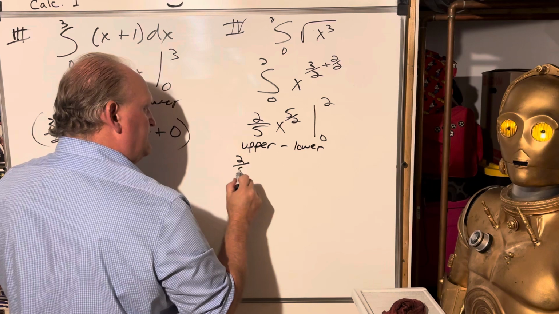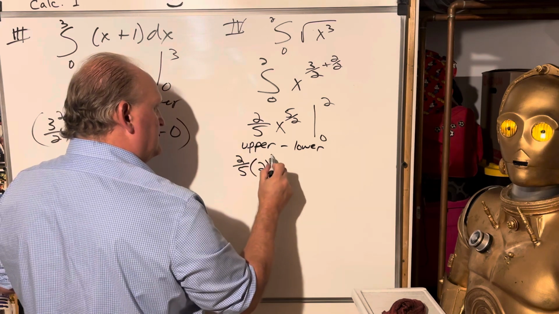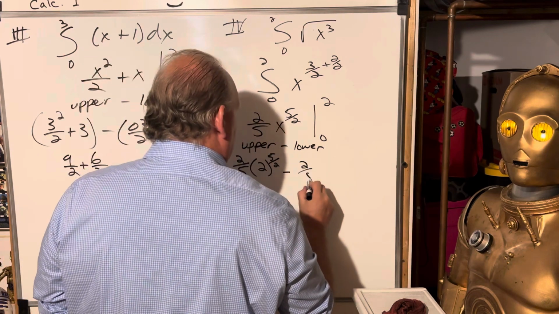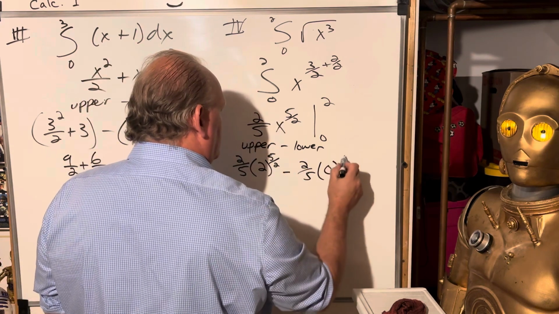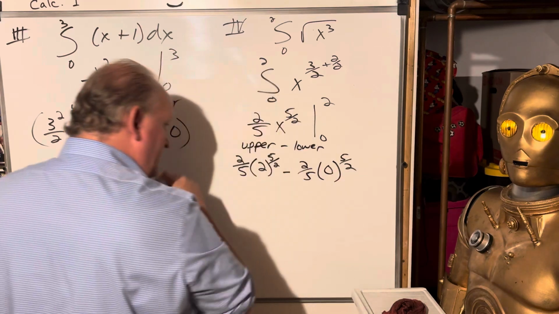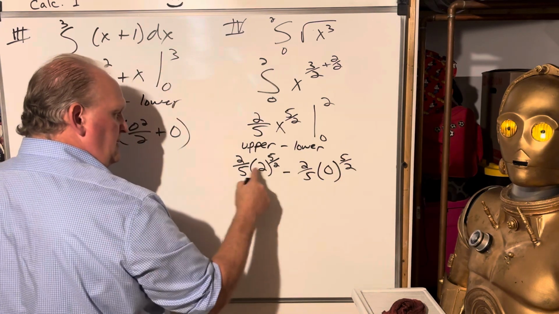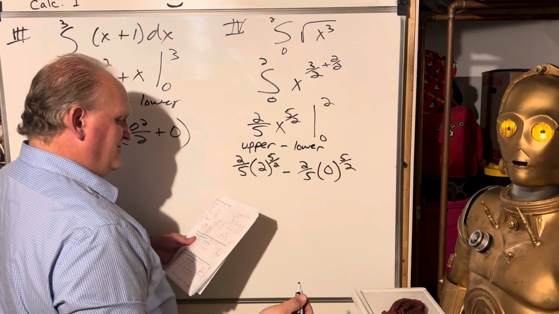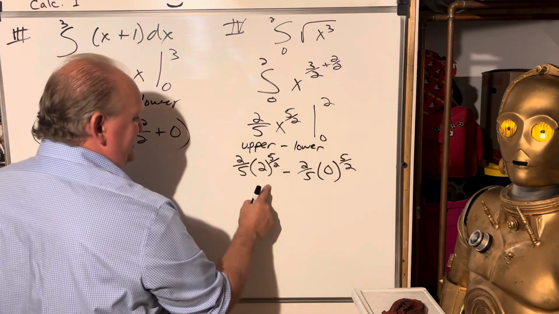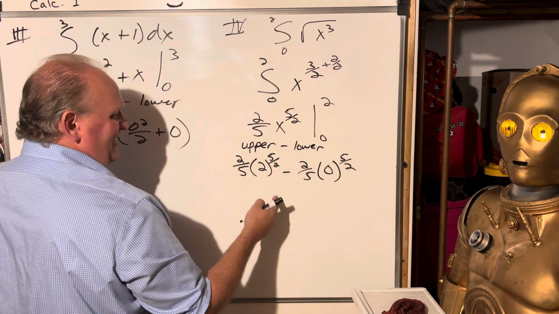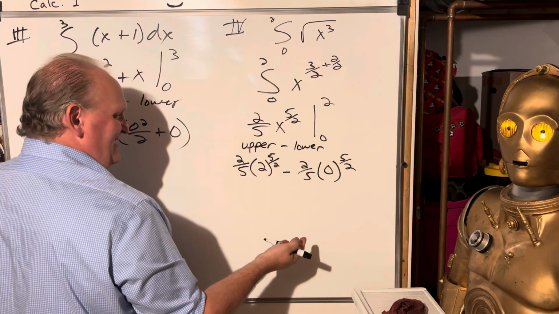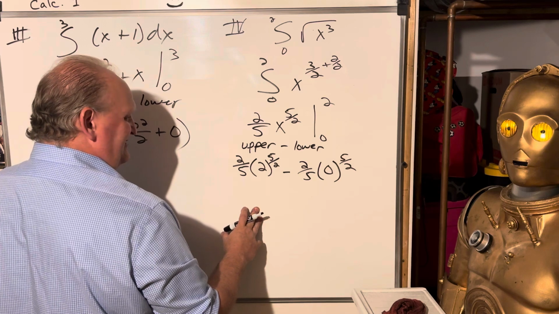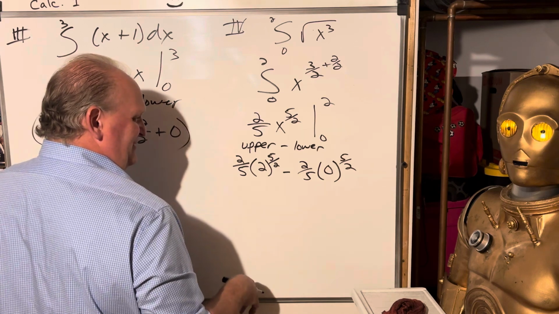And so we get 2/5 of 2 to the 5 halves minus 2/5 of 0 to the 5 halves. And so that's just 0, and this is kind of a mess. What is that? I guess I could just say it like that. Here, 2 to the 5th is 32, or how do we want to do this?